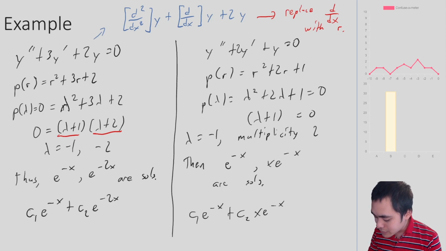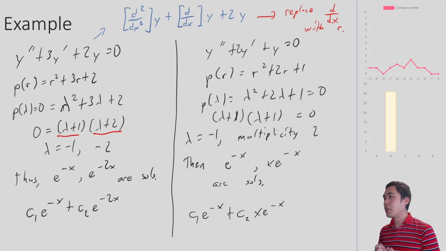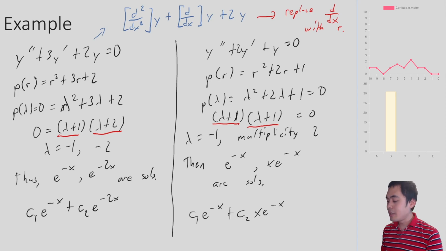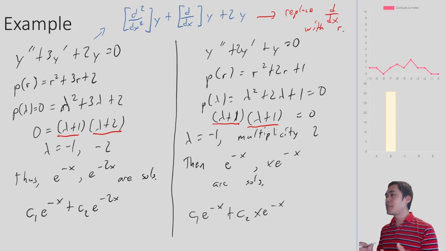This is lambda plus 1 times lambda plus 1 is equal to 0. So this contributes a -1, but this also contributes a -1, and so you have two different -1s when you're talking about roots of this polynomial. That's what it means when you have multiplicity 2. When you factor it out, a root has higher multiplicity if it appears multiple times. Does that answer your question, Jordan?